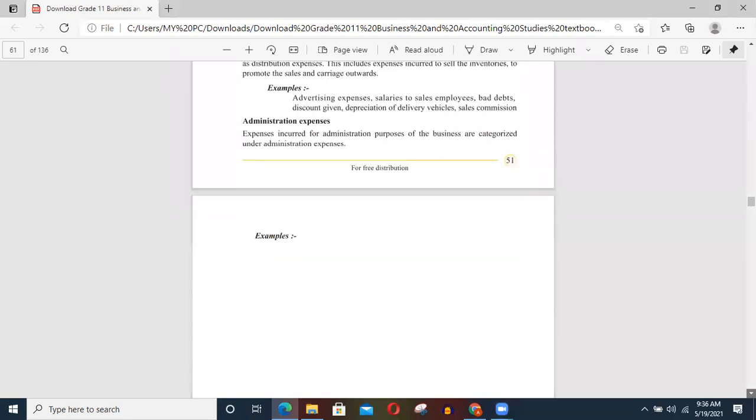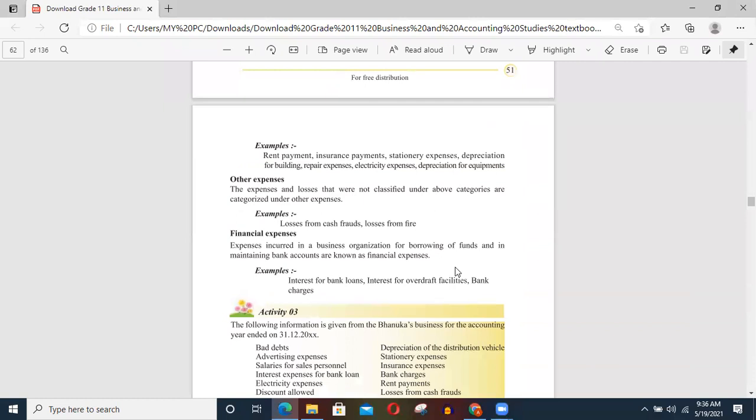Rent payment, insurance payment, stationery expenses. Hold on, let me write it for you. Depreciation for building, repair expenses, electricity expenses, depreciation for equipment, everything comes under administration, because it's more like administration purpose, right?